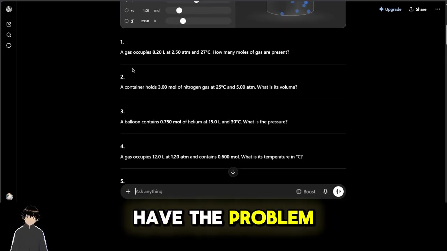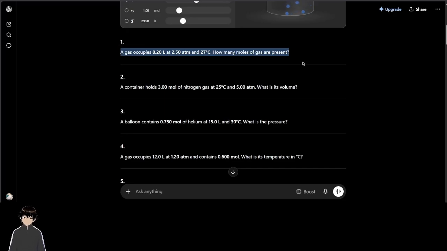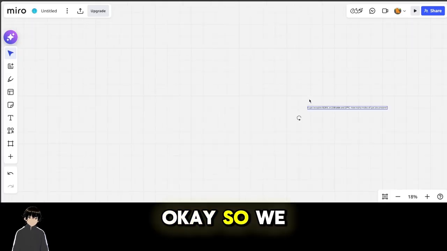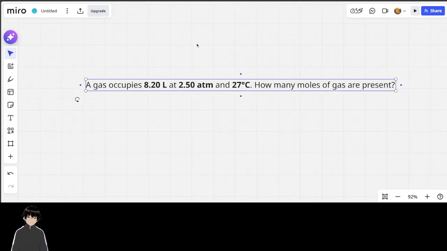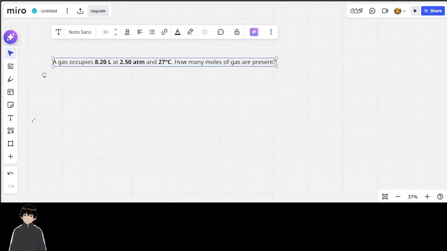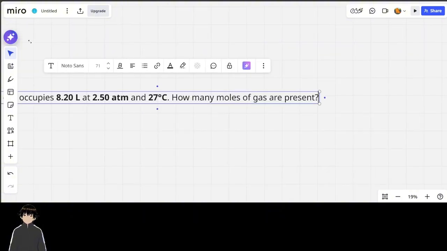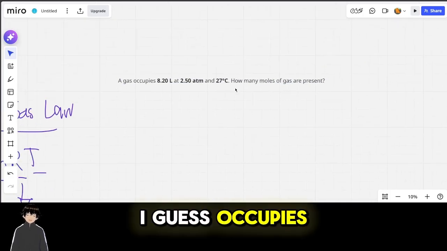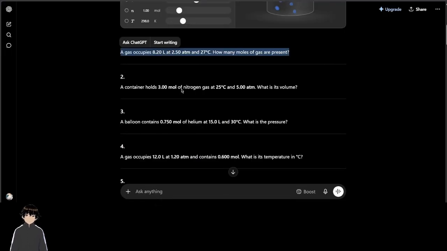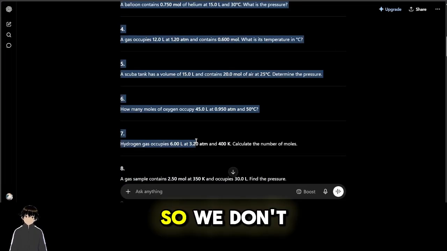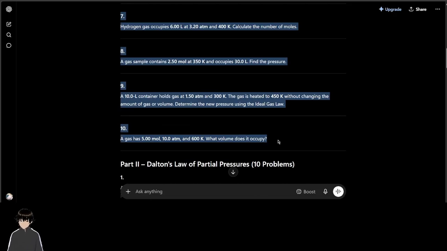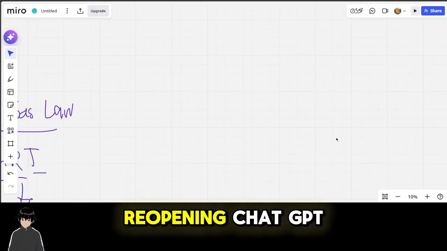Okay, so first we have the problem here. Let's copy and paste that. Okay, so we have this problem. A gas occupies, let me just copy and paste everything so we don't have to keep reopening ChatGPT here.